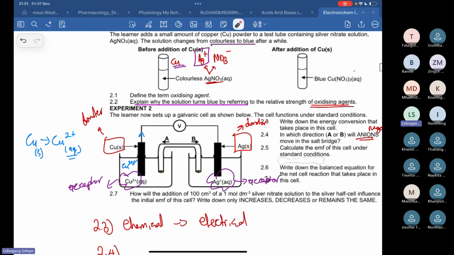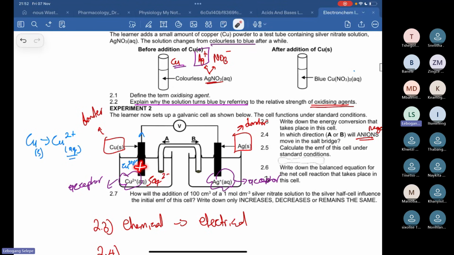Remember, we are just showing Cu2 plus here, but there are also some negative spectator ions, maybe SO4 2 minus. At the start, I have an equal number of SO4 2 minus and Cu2 plus. But as the reaction takes place, Cu2 plus pours into the mixture and it becomes more positive.